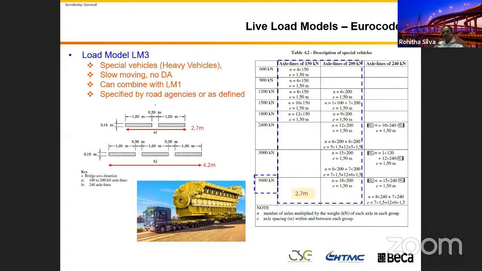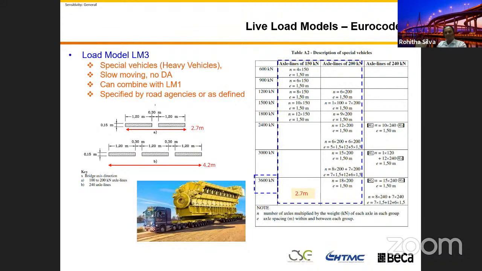Only for particular bridges, especially this one, there needs to be some understanding between the port operators and the client. They need to tell the client what they want to operate, then the client can talk to the designers and their own design teams, and then design to cater for them.